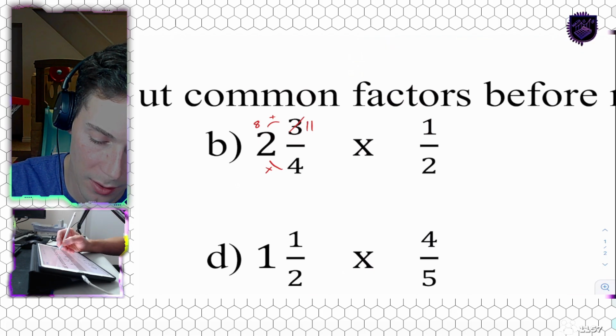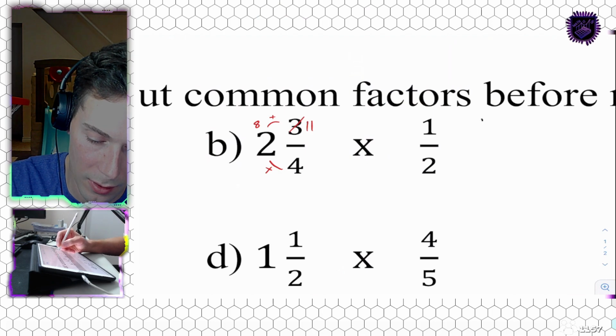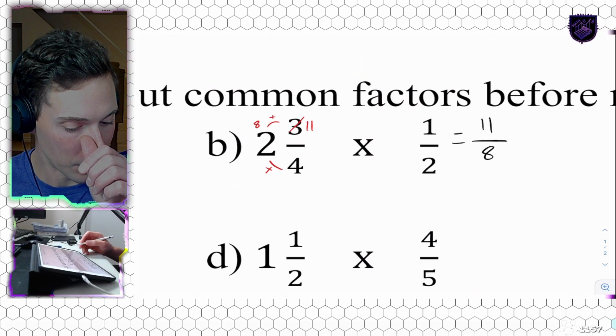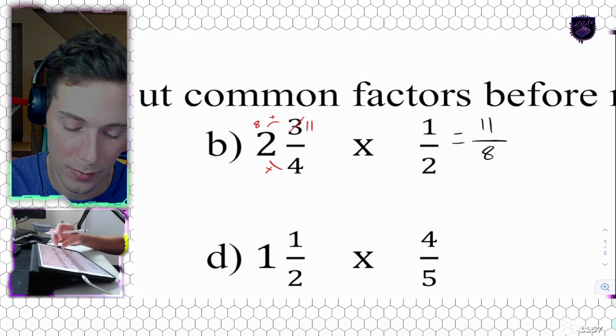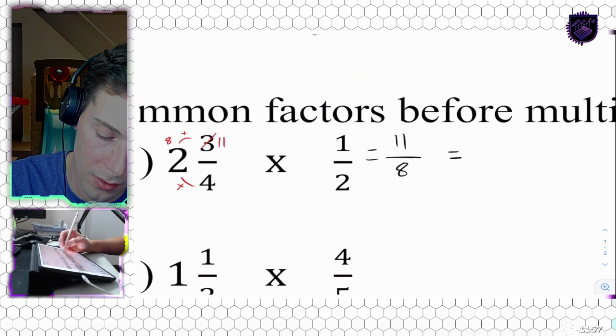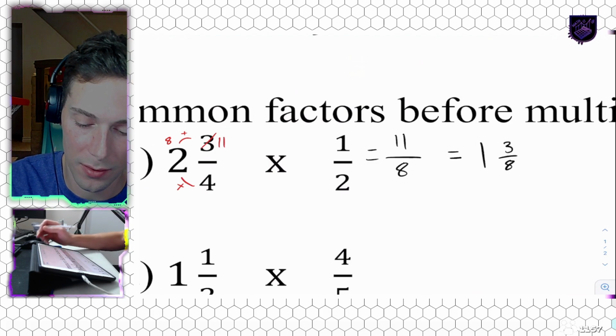So this is going to be equal to our answer of 11 over 8. 4 times 2 is 8. 11 times 1 is 11, which will be equal to our mixed number of 1 and 3/8.